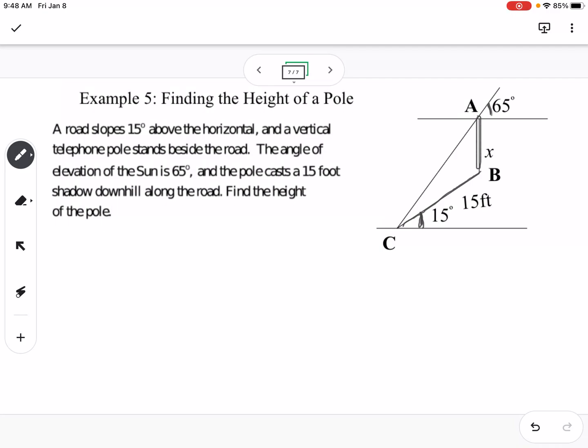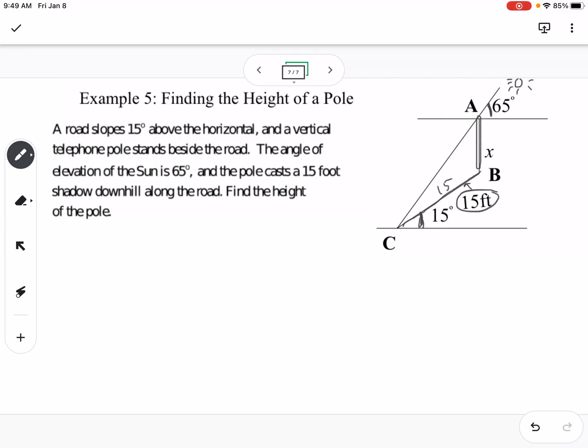So this angle right here, here's the sun up here. Okay, and the pole casts a 15-foot shadow downhill along the road. So this right here, it's labeled, but it's kind of off to the side. So that distance of the shadow down the road is 15 feet. It says to find the height of the pole. So the x distance is what we're trying to find.